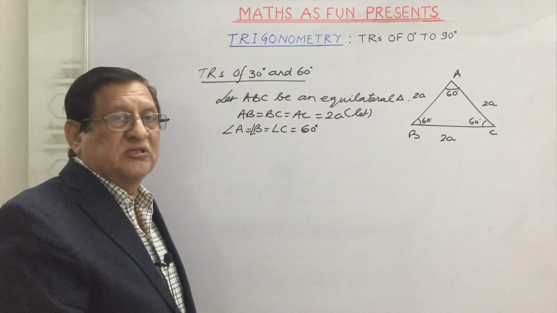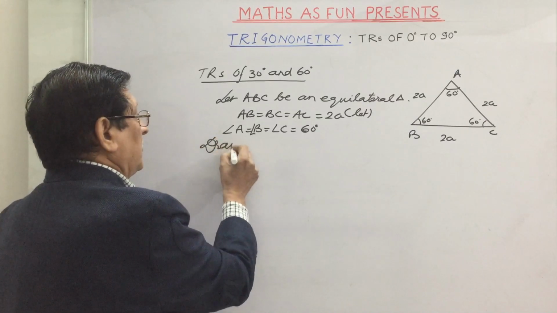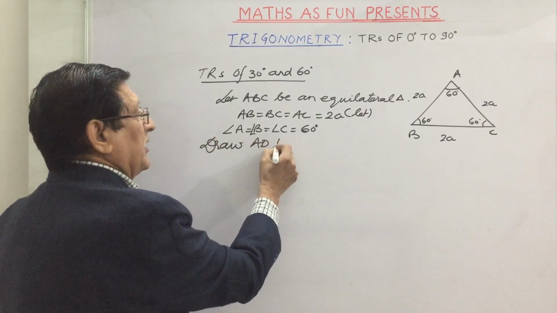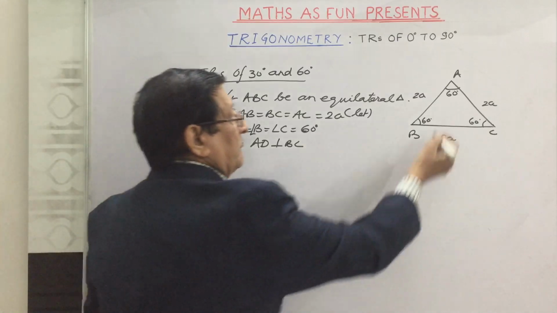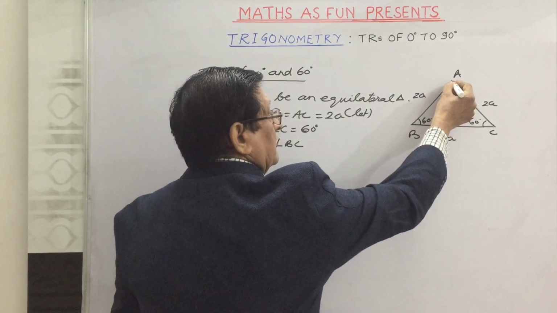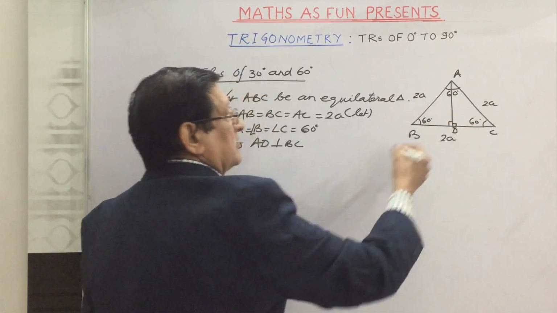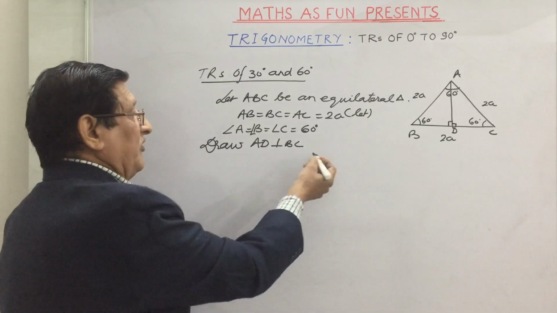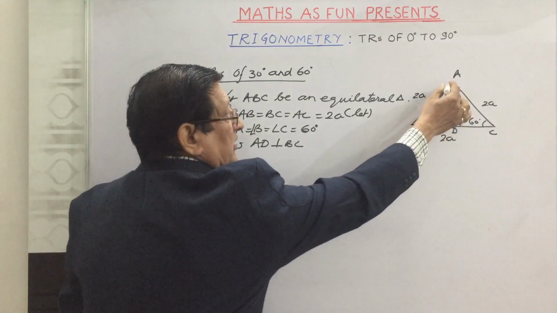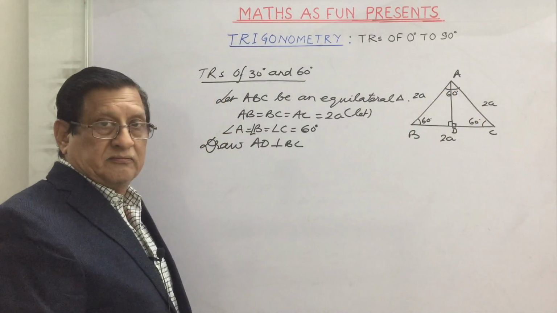Now we do a bit of construction in this. If we draw a perpendicular AD on the base BC, we will draw a perpendicular here. AD, it means both the angles are 90 degree each. Then we will find that this triangle ADB and ADC both are right triangles.